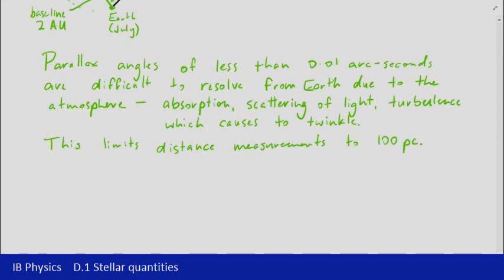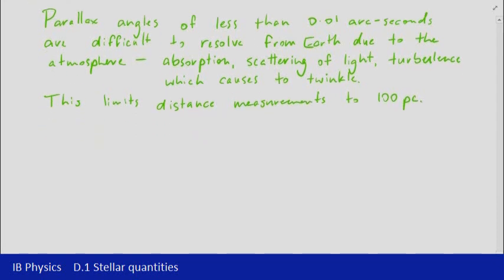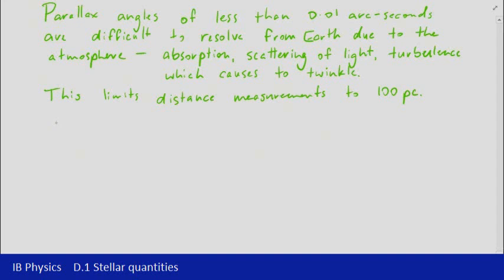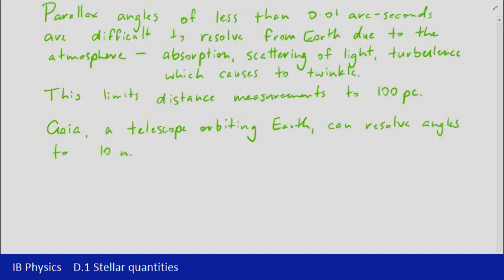So because of the atmosphere, it makes it a bit difficult to get some really detailed measurements. However, there is a satellite or a telescope that's in orbit around the Earth. It's been orbiting Earth since about 2013, I think it is. And because it's orbiting Earth, it's outside Earth's atmosphere, it can resolve angles to 10 micro arc seconds.